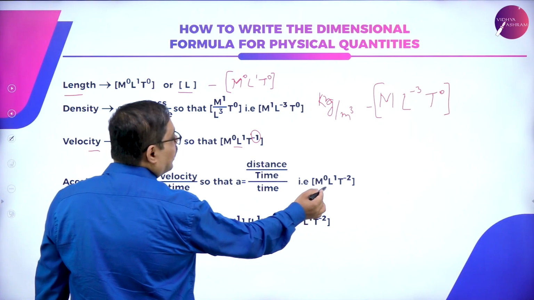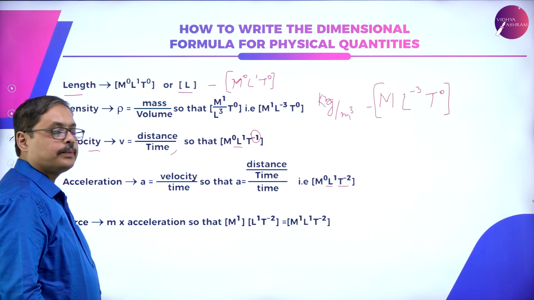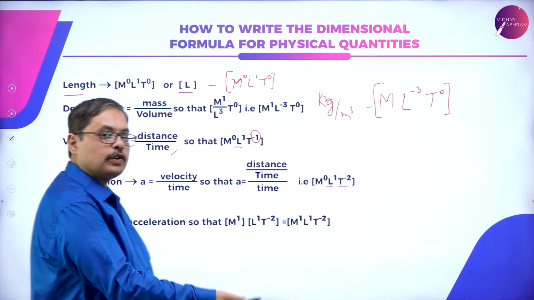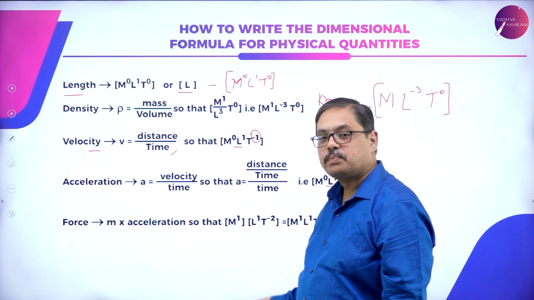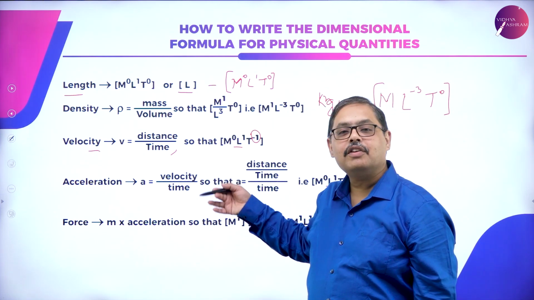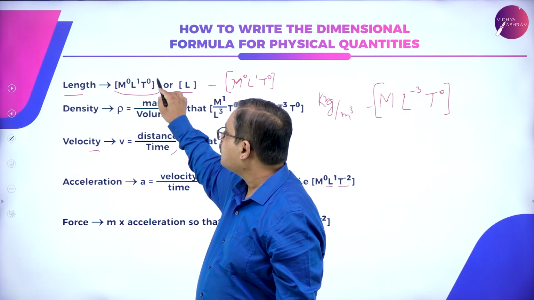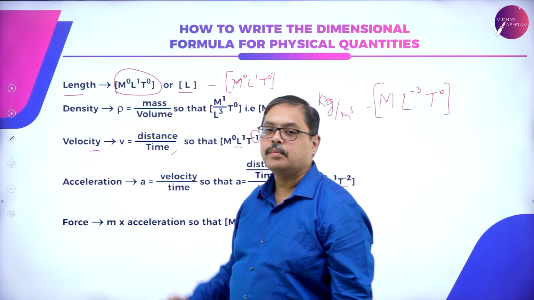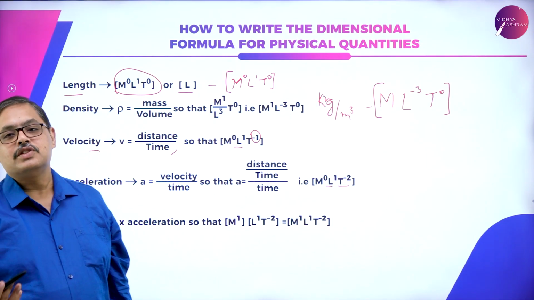So it becomes L power minus 1 and time power minus 2. You can also express force, energy, heat, and power. Any of the derived quantities can be expressed in terms of mass, length and time. This is the essence of dimensions.